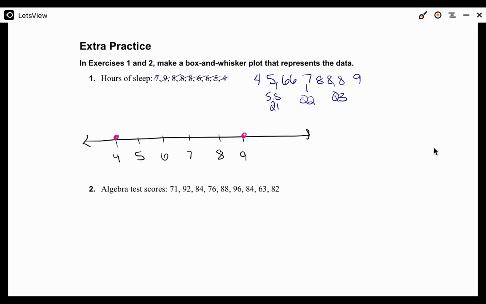Our quartile 1 is at 5.5, and our quartile 3 is at 8. So that's going to be our box. So here are our 2 whiskers, and then here's the box. Oh, that looks weird. Try this again.